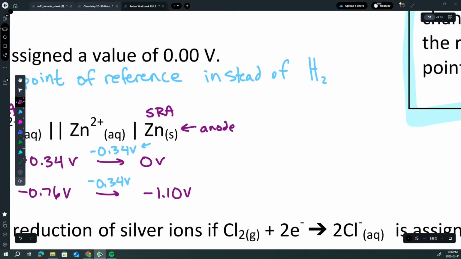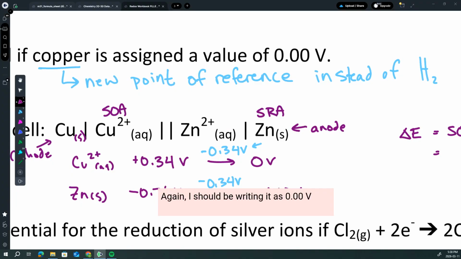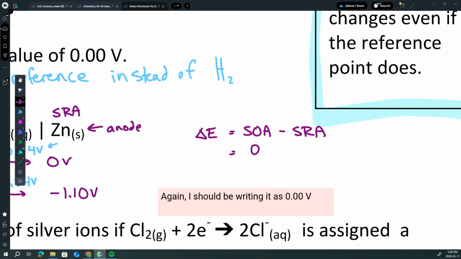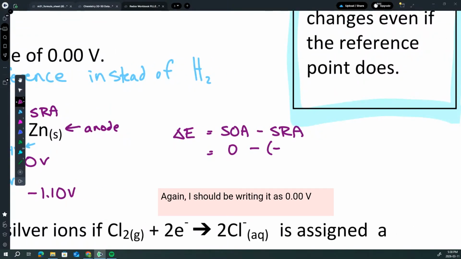If you wanted to find the difference in electrical potential, you could write this as SOA minus SRA or cathode minus anode, whatever you prefer. I'm just going to do, for now, SOA minus SRA. Our SOA, the copper 2+, had a new electrical potential of 0 minus negative 1.10 volts.